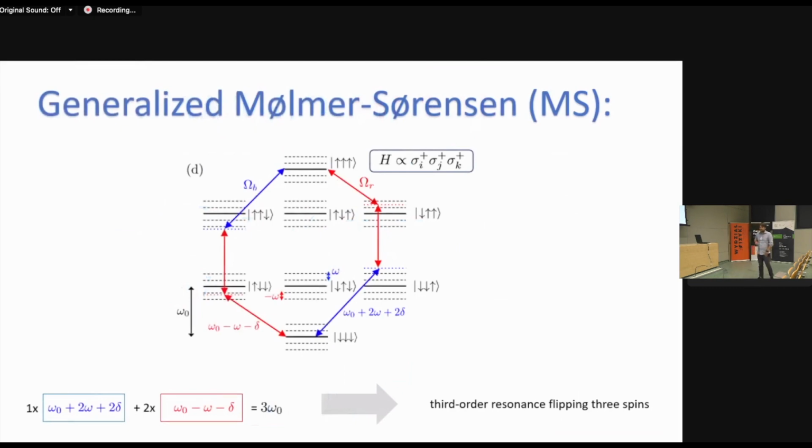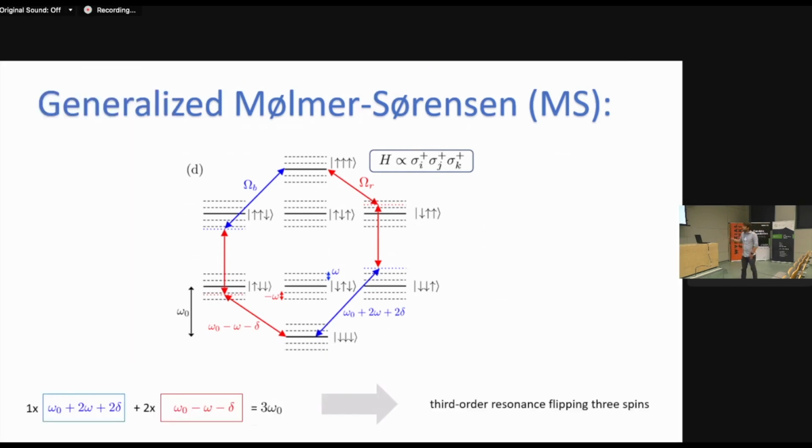The way is very simple. We just take the Molmer-Sorensen scheme, which I assume most of you know very well, and modify it a little bit. In the Molmer-Sorensen scheme, we have two couplings, the red and the blue sideband coupling. Now what we do is take one of these couplings, in this case the blue one, to be not of the first sideband but of the second one.